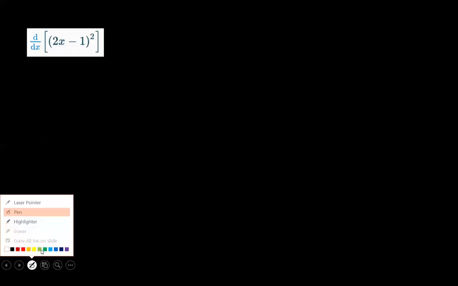So that is what we're going to do in this case. First, let's take a look. We have the square of 2x minus 1. As you can see, the outer part here is basically the parentheses, and then we have an exponent of 2. That's the outer part.